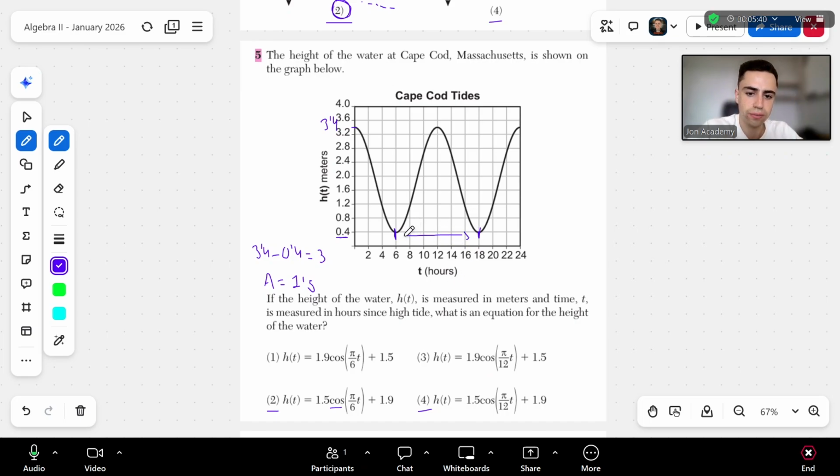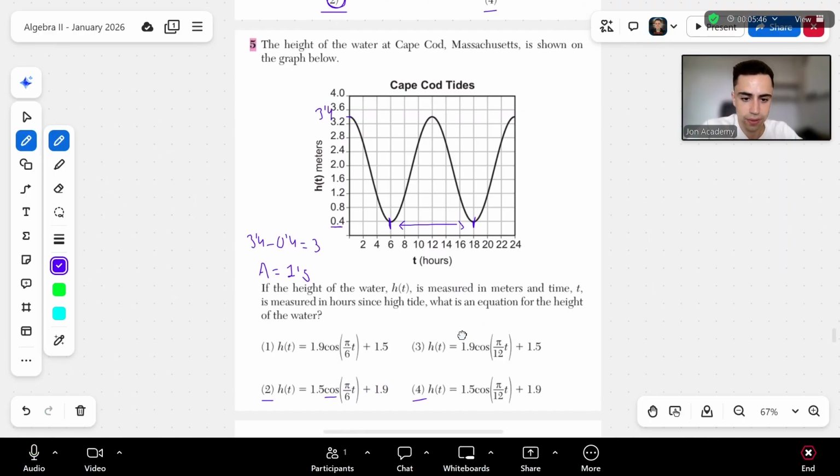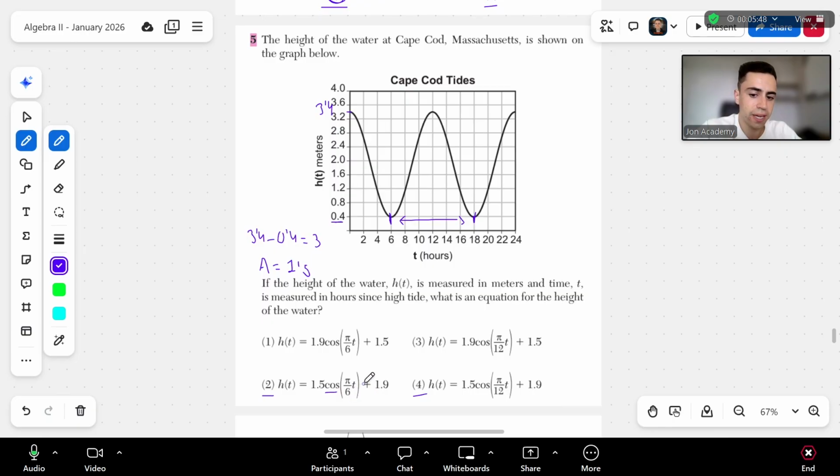So this here is going to be 2 pi, a whole period usually. If it was the cosine of t, the period is 2 pi. But we have either pi over 6 or pi divided by 12.